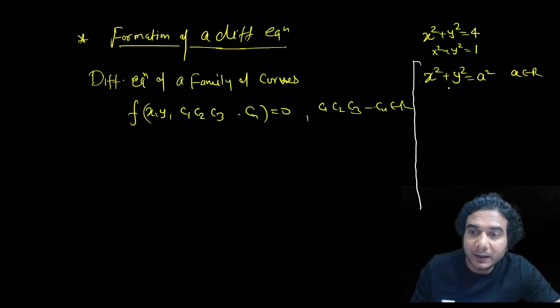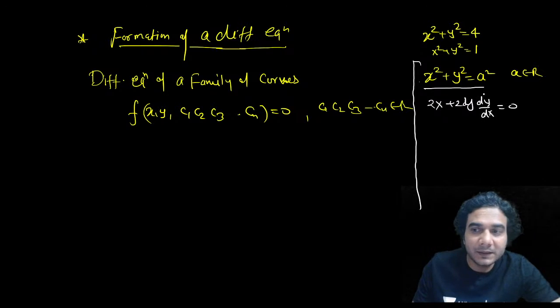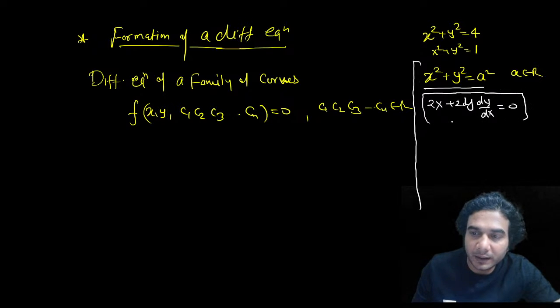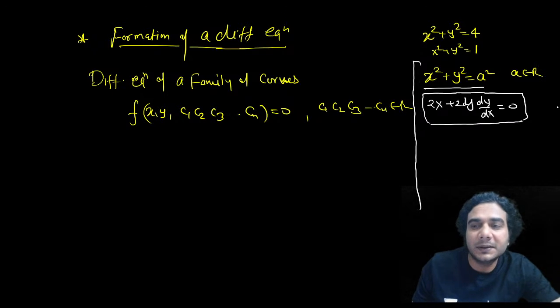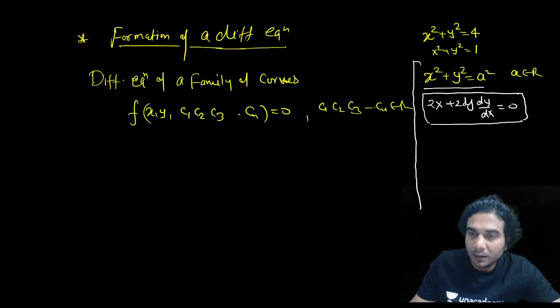So if I try to make the differential equation for this circle, I start differentiating it. This is 2x plus 2y dy by dx is equal to 0. The parameter is eliminated automatically. We haven't done anything for that, we just differentiated and the parameter is eliminated. This is the simplest case.